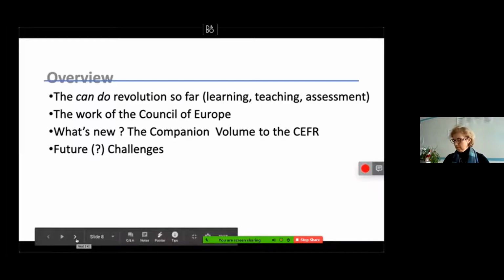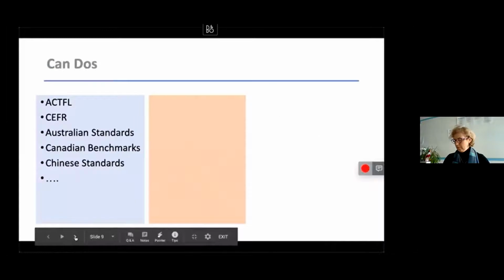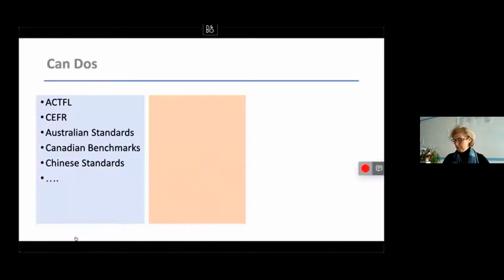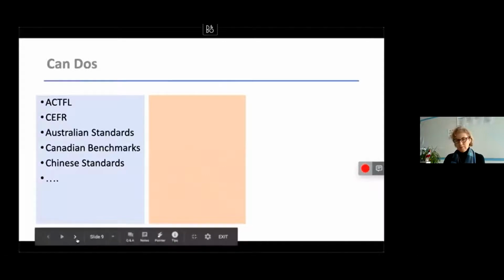What was going on in Europe was very similar to what was going on in Australia or in Canada or in the USA, and you might call it standards, you might call it benchmarks, but the bottom line is that there was an interest in the late 1990s to describe language in a way that would relate to real life.